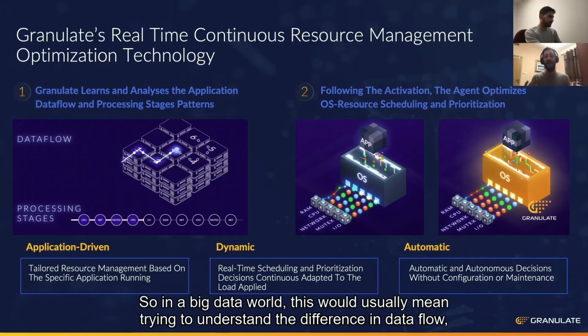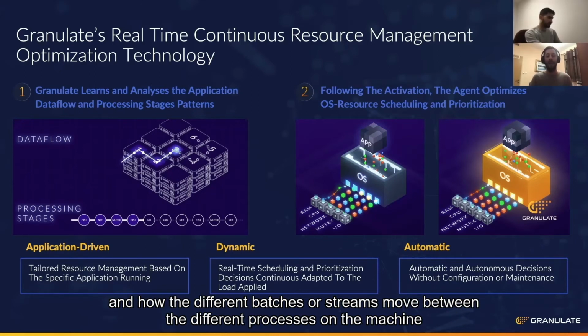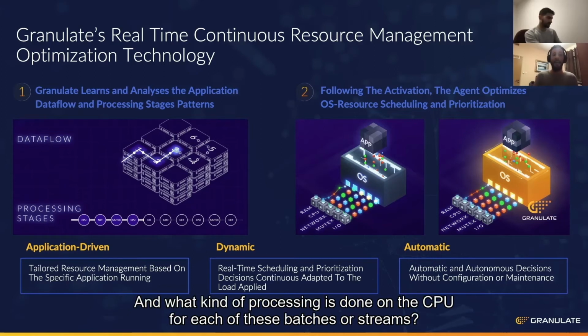So in a big data world, this would usually mean trying to understand the different data flow, whether it is streaming, whether it is batch jobs, if it is loaded from disk, if it is downloaded from S3, how the different batches or streams move between the different processes on the machine, or the machines in a distributed cluster, and what kind of processing is done on the CPU for each of these batches or streams.